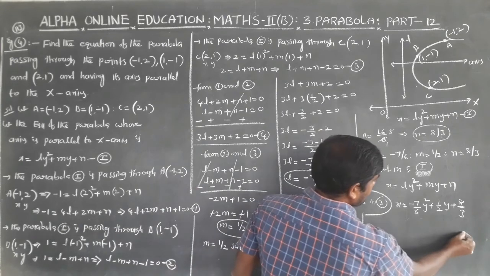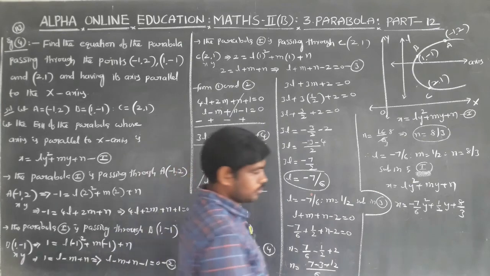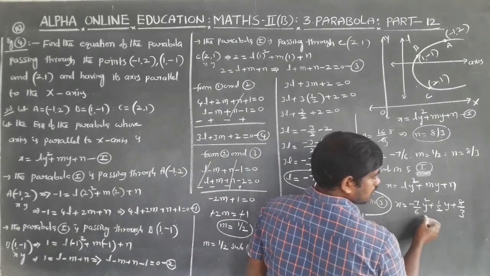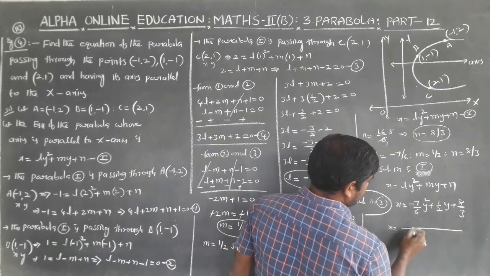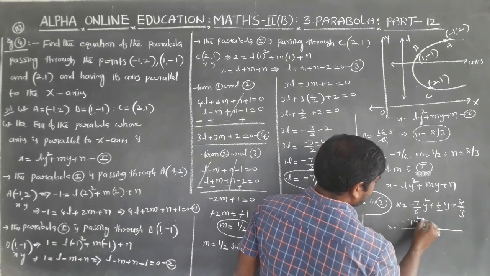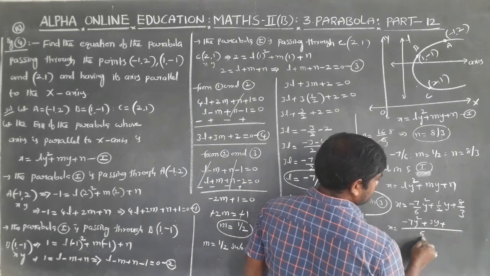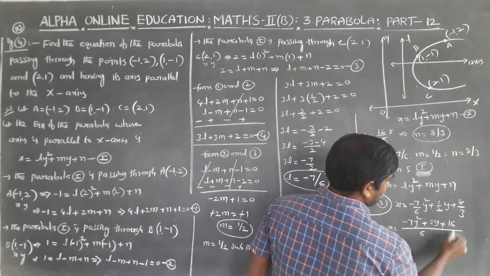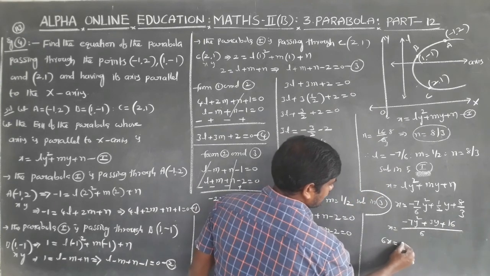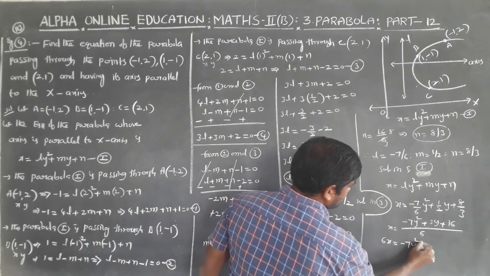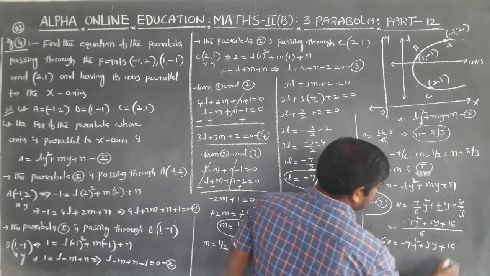Here taking LCM 6: 6 2s are 12, 6 3s are 18, 6 2s are 12. 6x is equal to minus 7y square plus 3y plus 16.